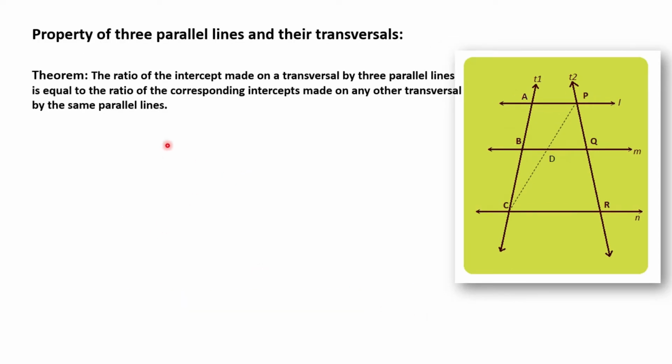Now, on the basis of this activity, we will have one property, the property of parallel lines and their transversals. The theorem for this property is: the ratio of intercepts made on a transversal by three parallel lines is equal to the ratio of corresponding intercepts made on any other transversal by the same parallel lines.